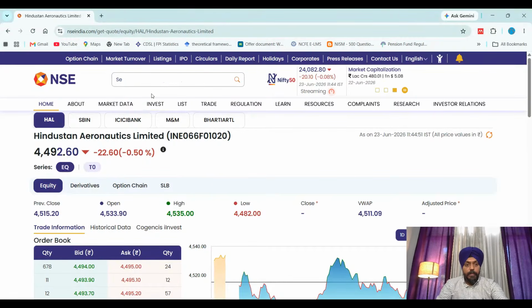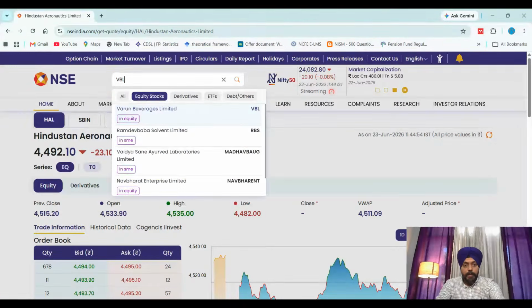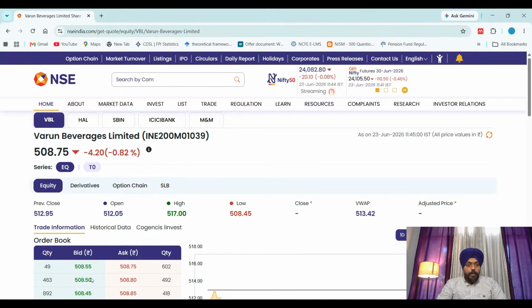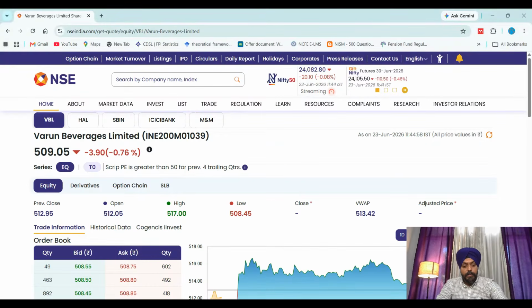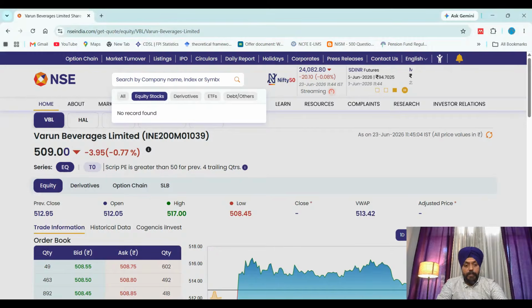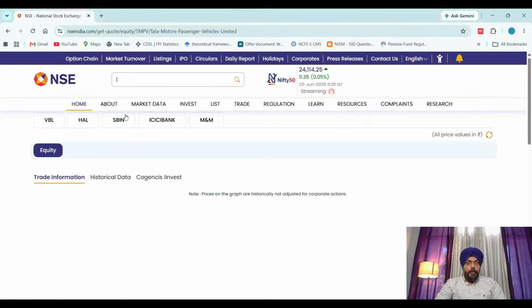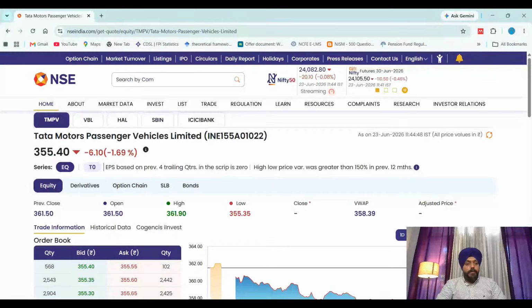Next is my VBL. So I will check VBL now. VBL, Varun Beverages Limited. It's all publicly available information. It's also flat, so I'm just leaving it. Next, let's check TMPB. All these stocks are part of your NIFTY 100 index basically.